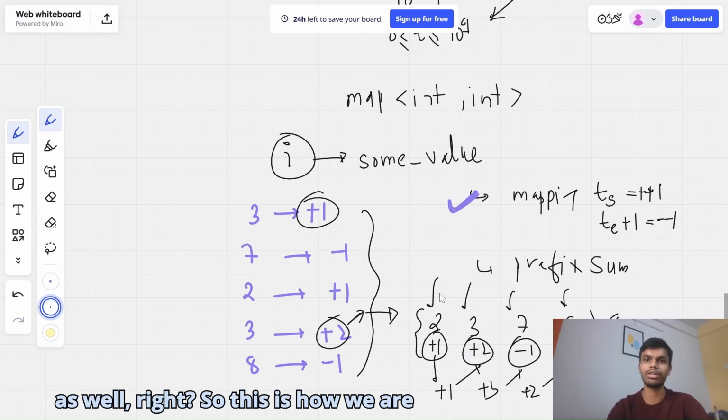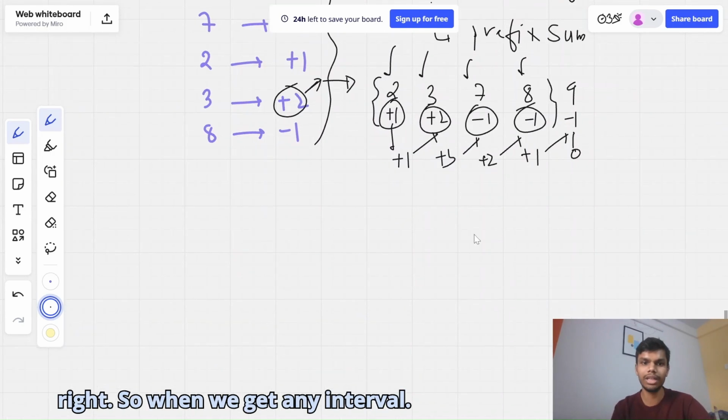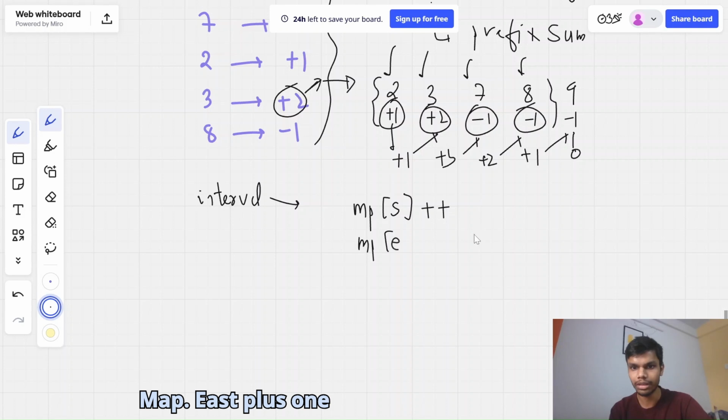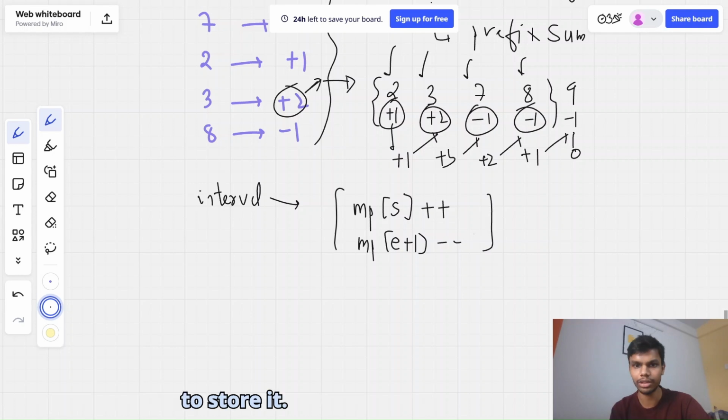So this is how we solve it with the help of a map. When we get any interval, we do map[s]++ and map[e+1]--. This is how we store it.